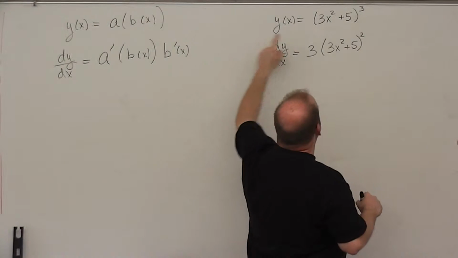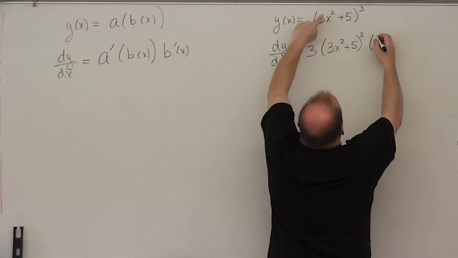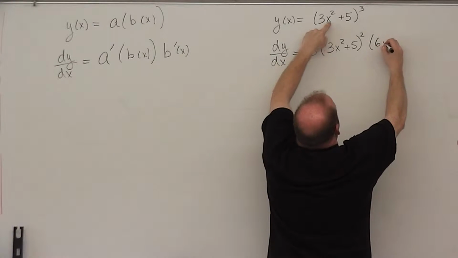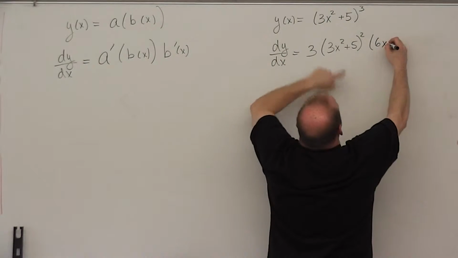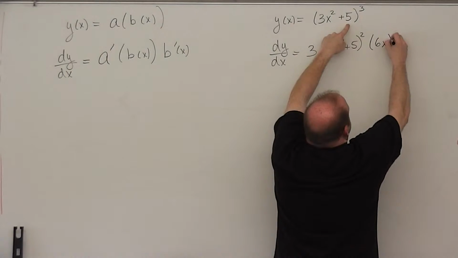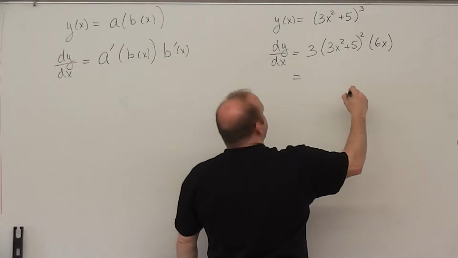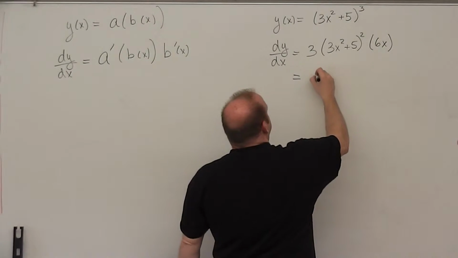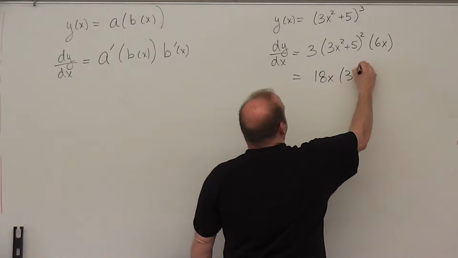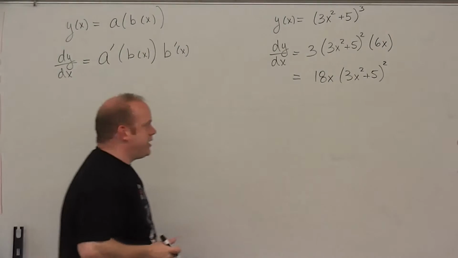Okay, that's what this is. So now this is going to be the derivative of this, which is 2 times 3 is 6, x to the 1. Okay, plus 5, derivative of 5 is 0. So my derivative here is that. So I could rewrite this as 18x times 3x squared plus 5, that quantity squared. So that's the chain rule.